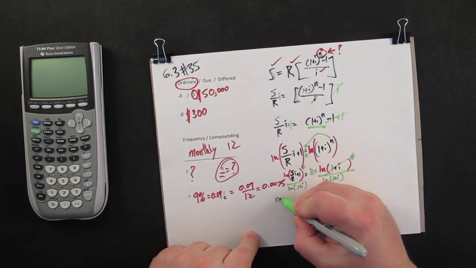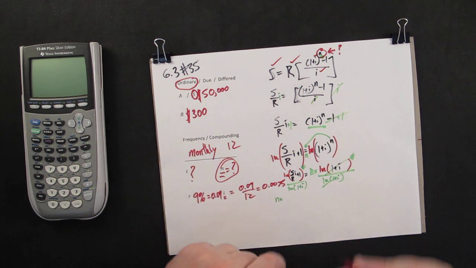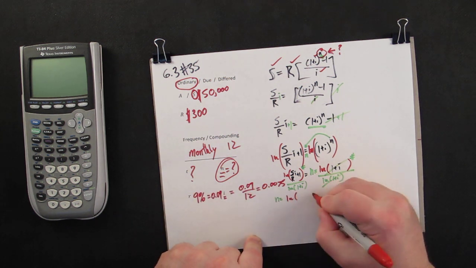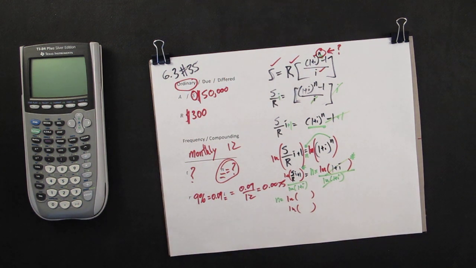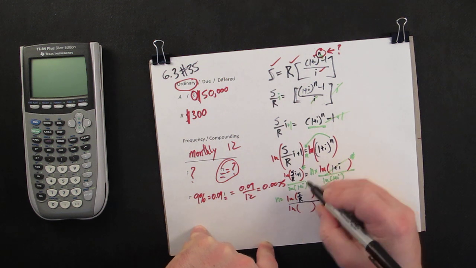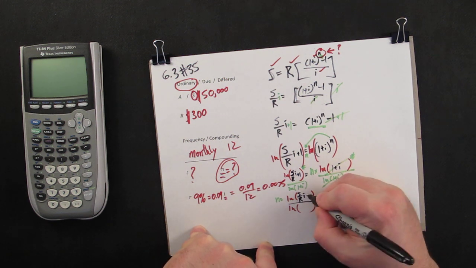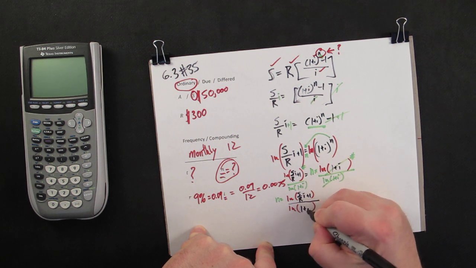So n will equal the natural log of future value over payment times interest rate plus 1, over the natural log of 1 plus your interest rate.